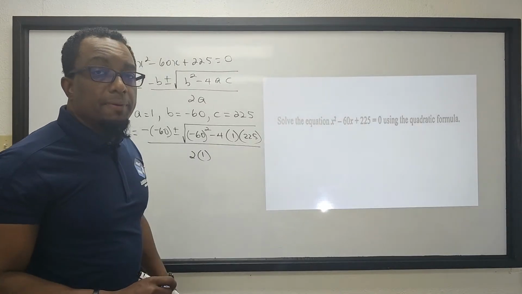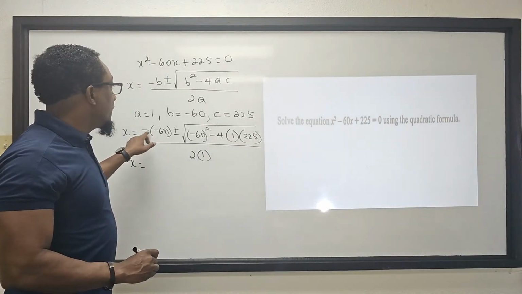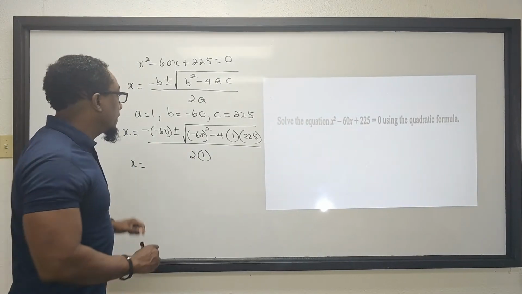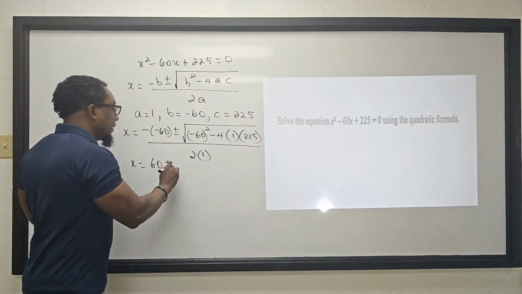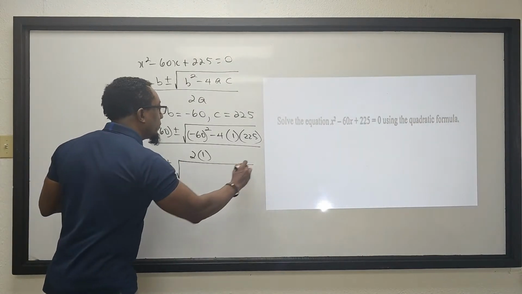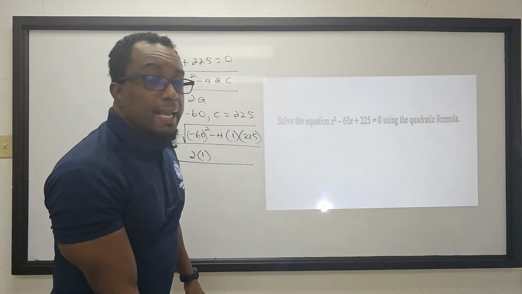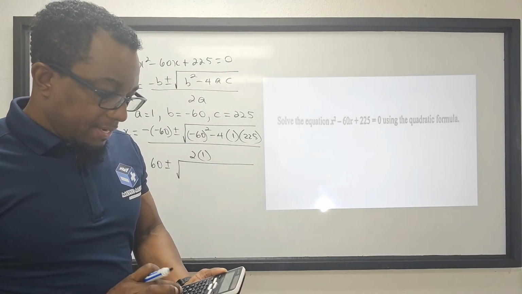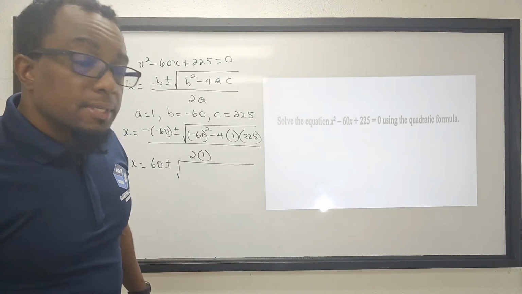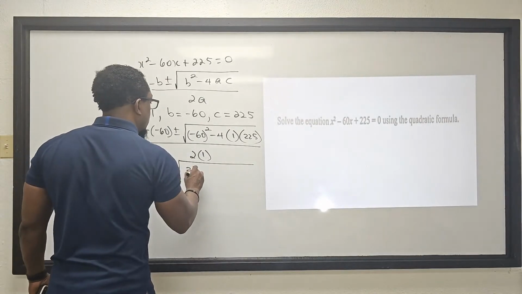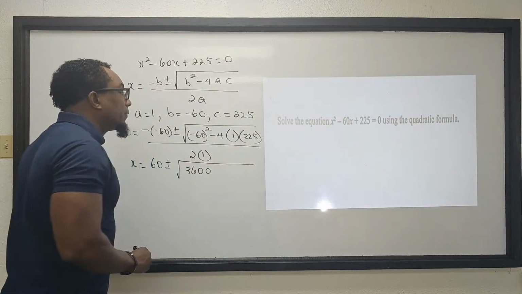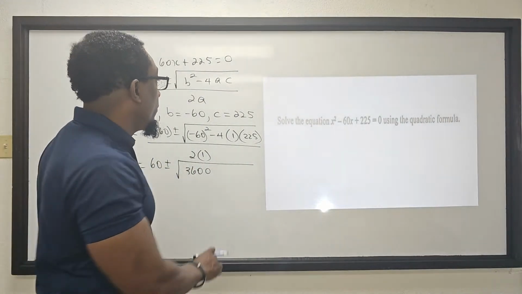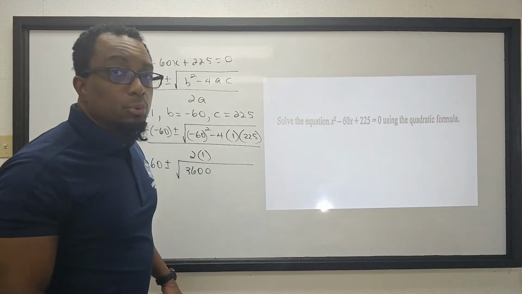So let's further simplify. This will become a minus by a minus is a plus, so I'm going to get 60 plus or minus the square root of, so we're going to work out negative 60 all square, that's negative 60 by negative 60, which is positive 3,600, and we're going to multiply negative 4 by 1 by 225.